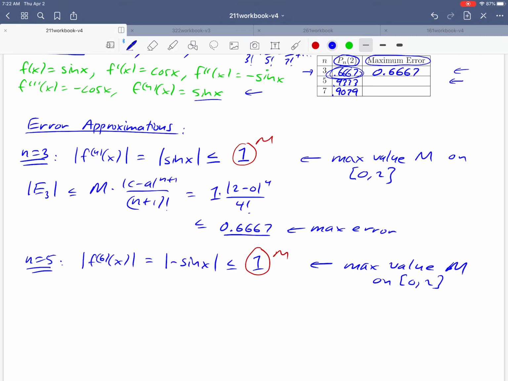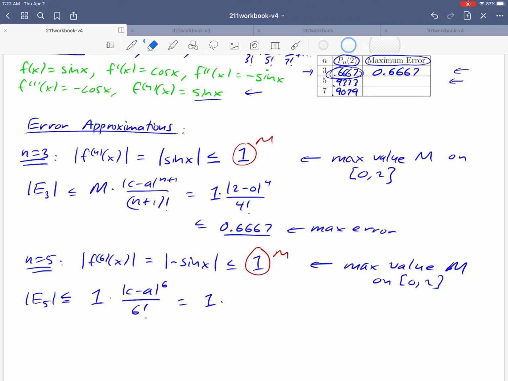That hasn't changed. And so when we calculate the error for n equals 5, we're just going to fill in the pieces again. M is 1 in this case. And then (c minus a) to the n plus 1 would be (c minus a) to the 6th over 6 factorial. Fill in the c and the a. They're still 2 and 0.